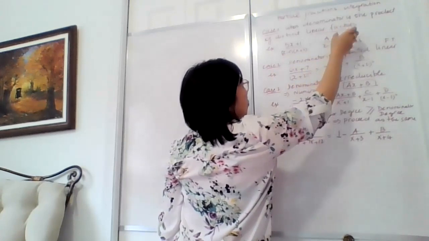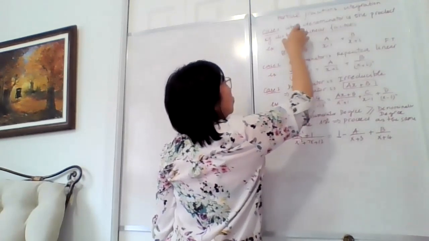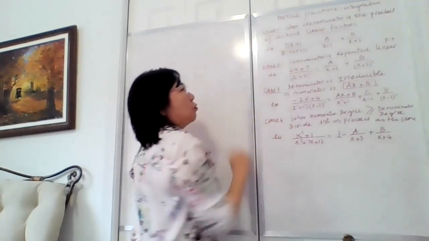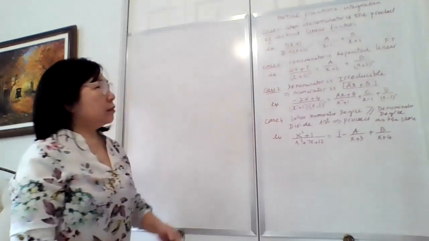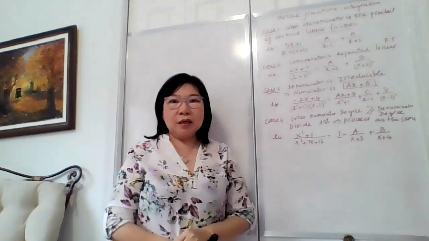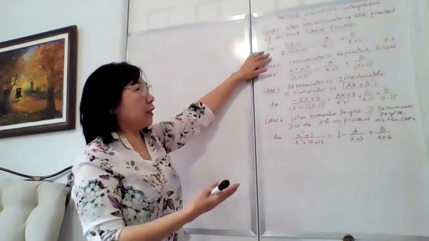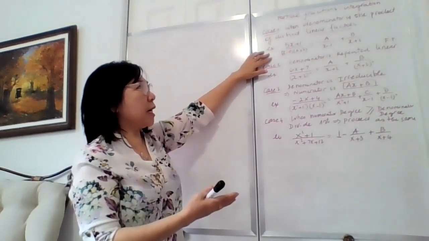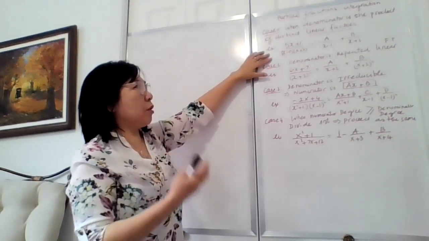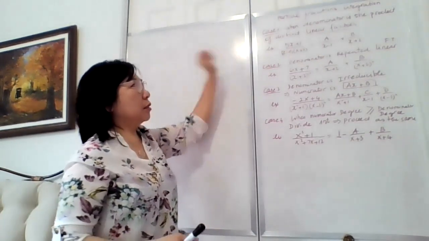So when you do that, the numerator of these two fractions will equal 5x plus 1. And then when we pair like that, we can solve for A and B. So that's how we factor them. We break them down into two small fractions, and we will proceed.